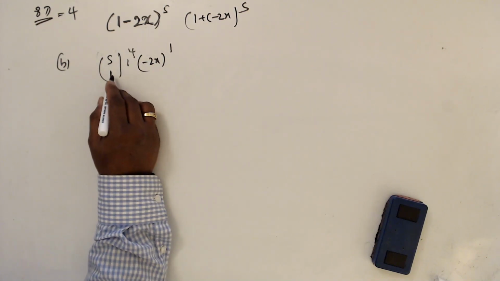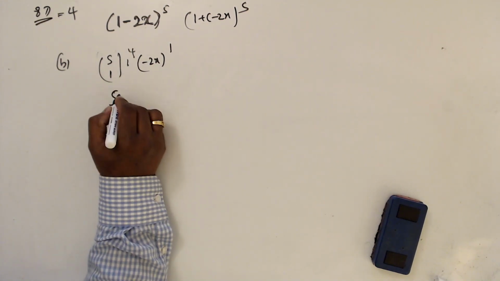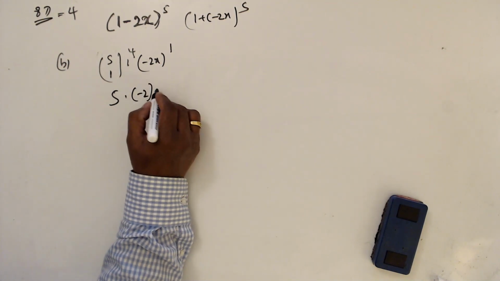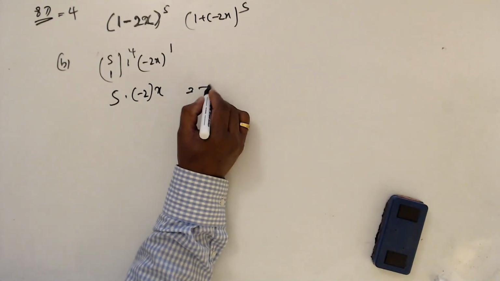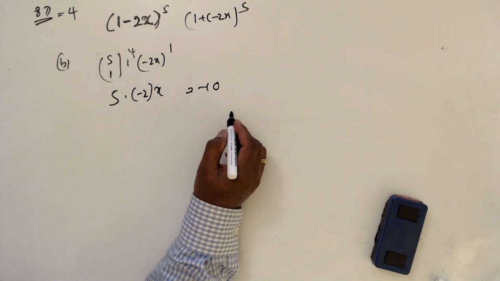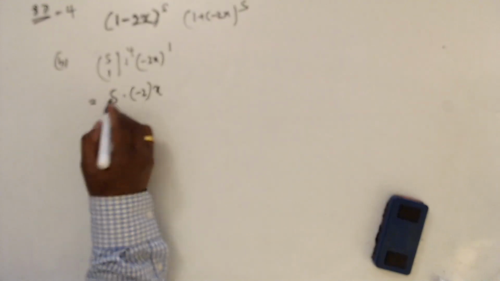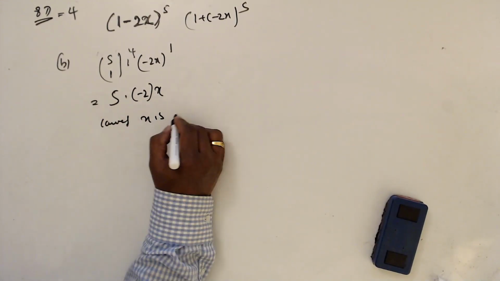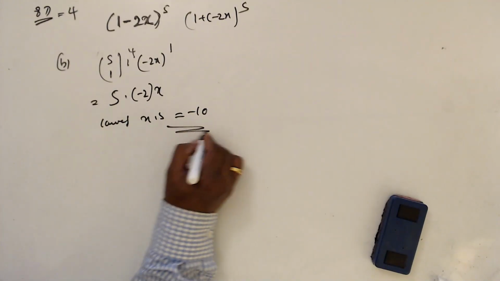So 5C1 is 5, times minus 2 times x, which is minus 10. The coefficient of x is minus 10.